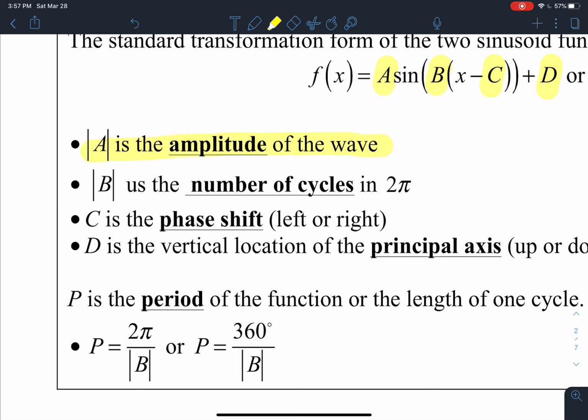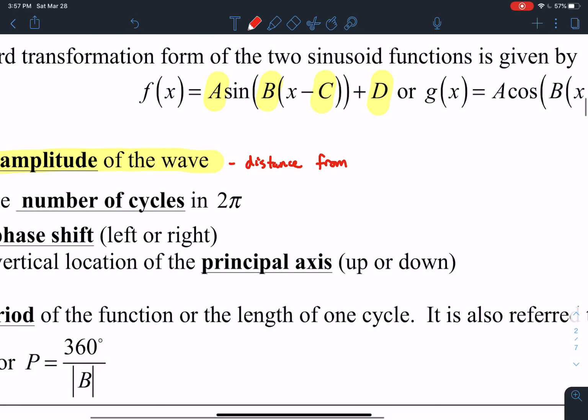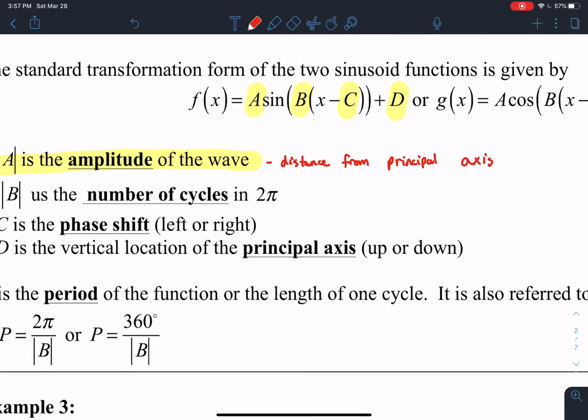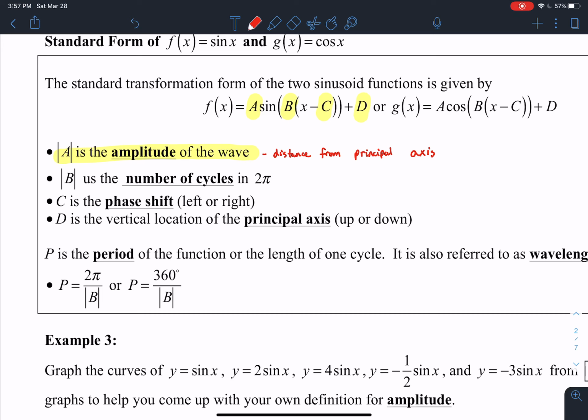Again, that's the distance from the principal axis. Depending on what function you have, that's going to change what your amplitude is.